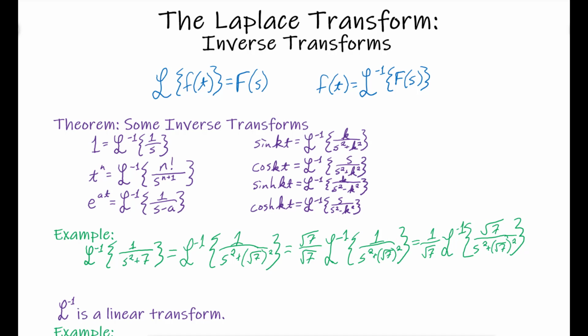That's the inverse transform of k over s squared plus k squared. So this is the sine of square root of 7 times t. So this is going to equal 1 over the square root of 7, what I had sitting out front, times the sine of the square root of 7 times t.